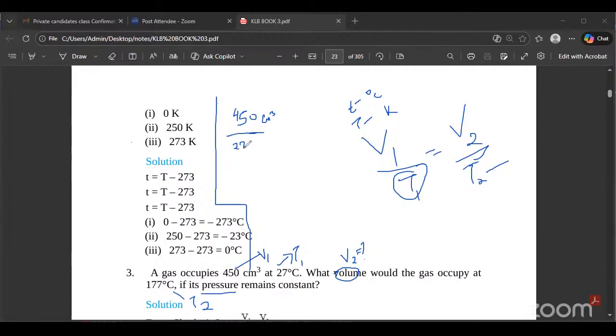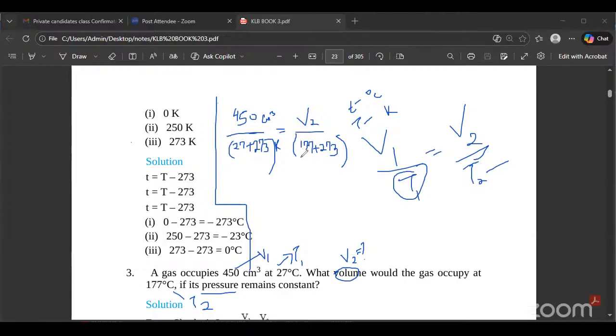So it is 27 plus 273, and then I close the bracket. Kelvin is equivalent to the volume 2, which we are looking for, over 177 plus 273.